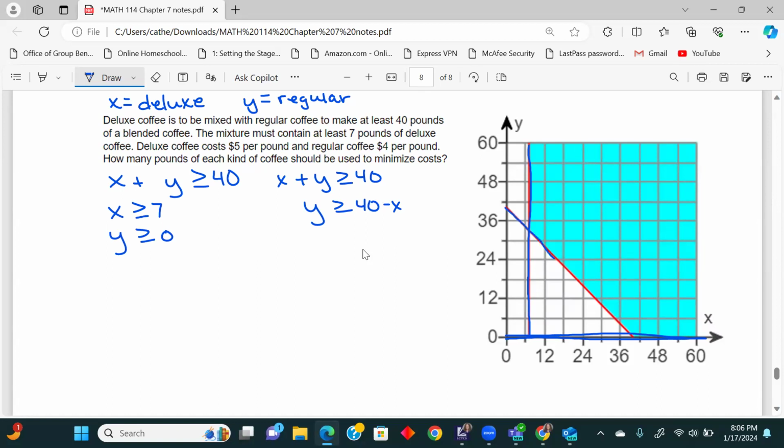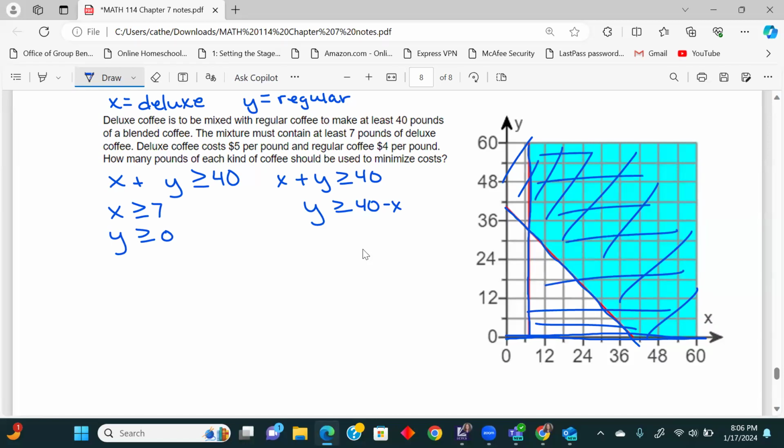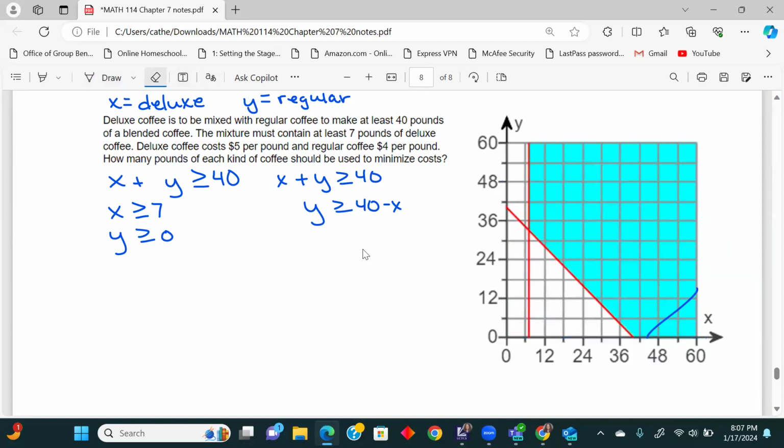You can use your table again. This slanted one has to be greater than, so that area is going to be shaded above it. X has to be greater than 7, so that's here. And then Y has to be greater than 0. So this shaded area is where all three overlap. That's where the shading comes in.